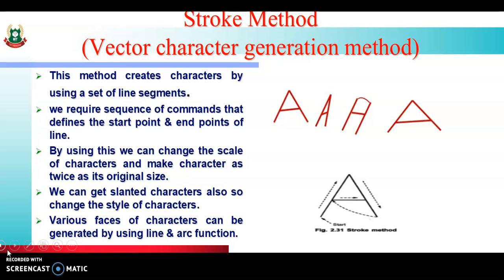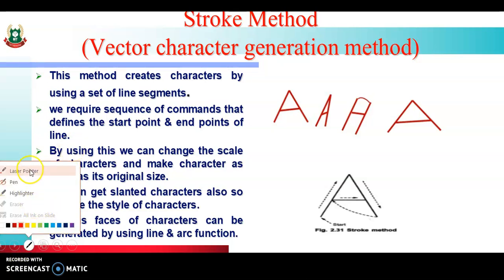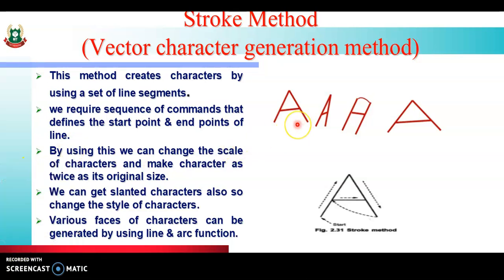We can generate various faces of characters also by using line and arc functions. We can see in the figure. First, A is generated by using 3 line commands and the sequence is given here.